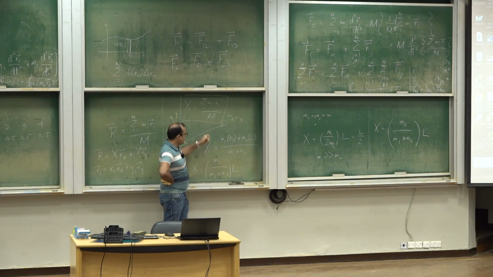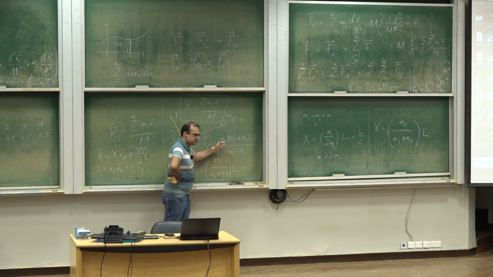Okay. And now I have oriented the axes such that the y coordinate of both particles is 0, so what will capital Y be? 0, because m1 y1 plus m2 y2 will just give you 0. So you're just interested in the x coordinate of your center of mass. The x coordinate of the center of mass in general has come out.